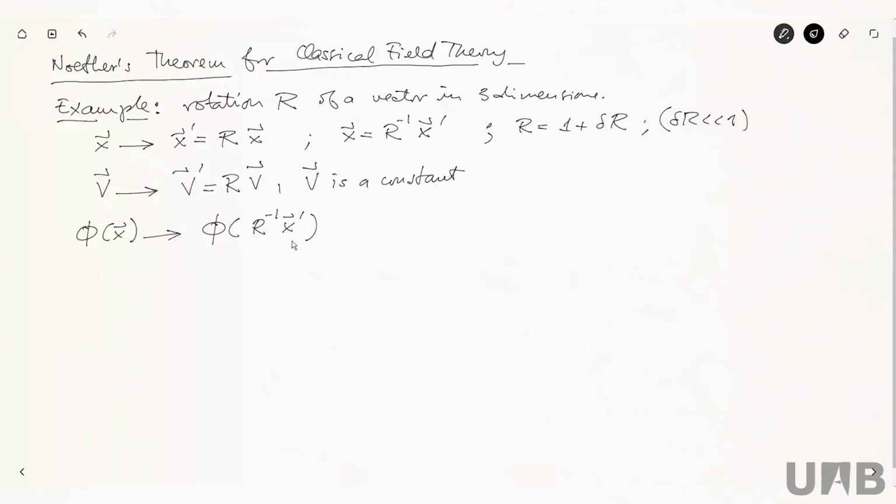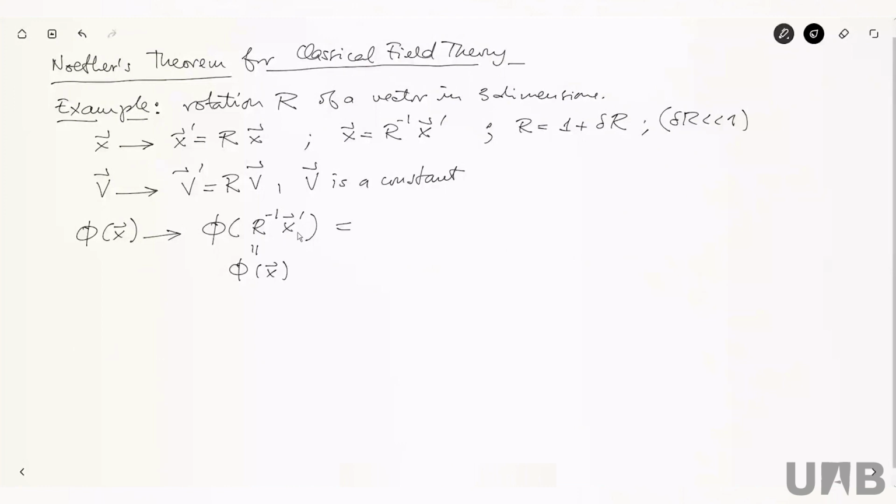That is the transformation. We transform x, but x is R minus 1 of x prime, so that's what it is. And of course, what we are saying is that phi of R minus 1 of x prime, since this is x, is also phi of x. Okay? So we only transform x, we don't transform phi.